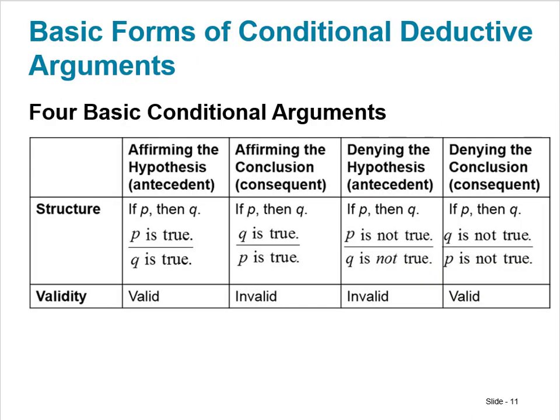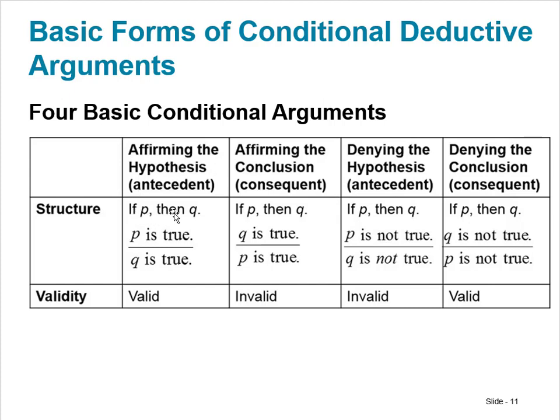Okay, basic forms of conditional deductive arguments. There are four forms that use the P's and Q's that we've done with our truth tables. And again, who cares if you know what these words are? Maybe just put them in your notes in case they come up. First, affirming the hypothesis.